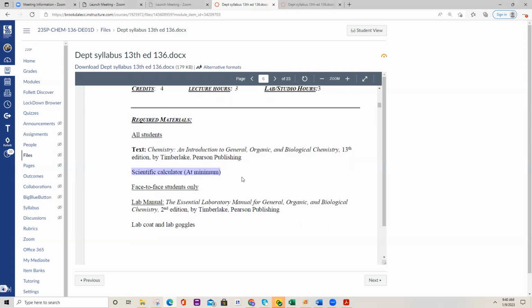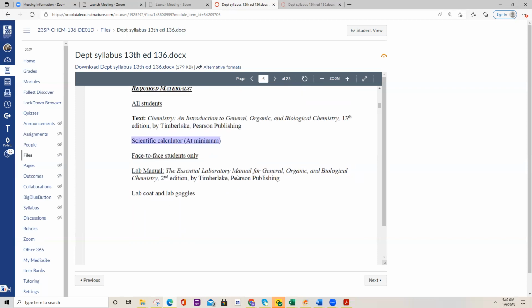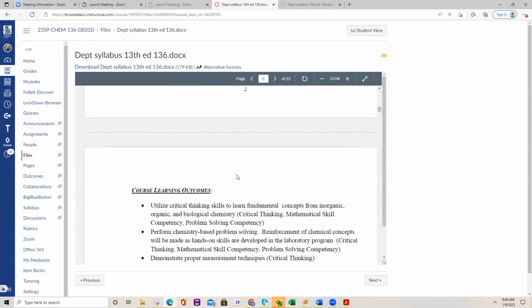Those are for face-to-face students only. So for us, it is a current edition of the textbook and a scientific calculator. It doesn't have to be a graphing calculator. It can be if you have one, but generally a basic scientific calculator is all you're going to need.